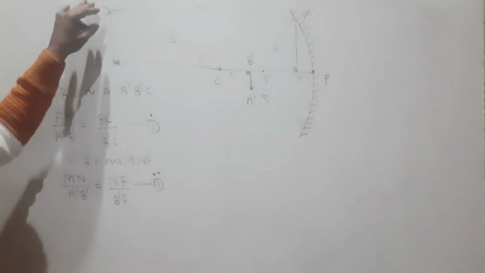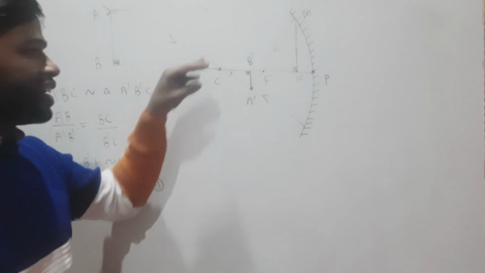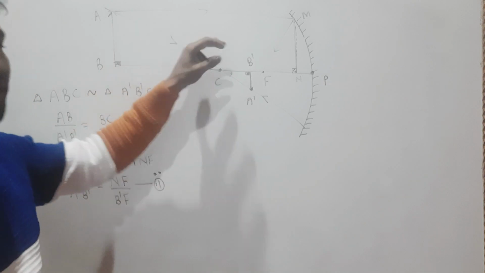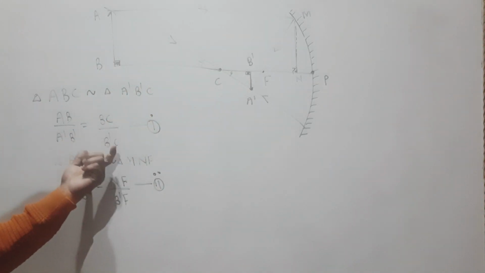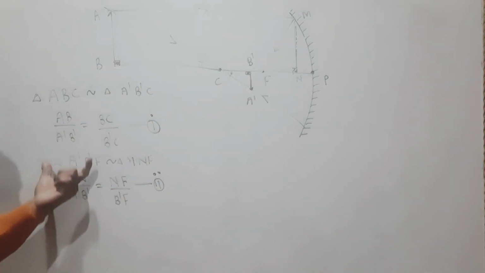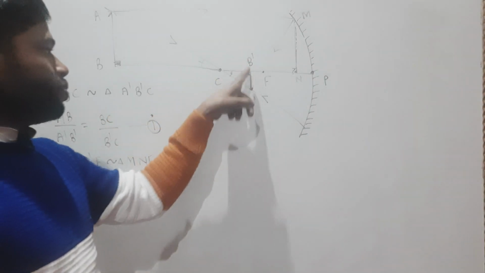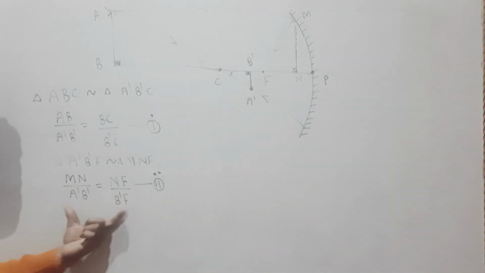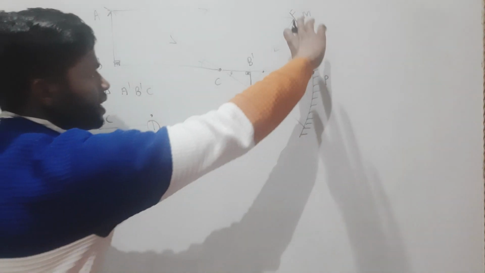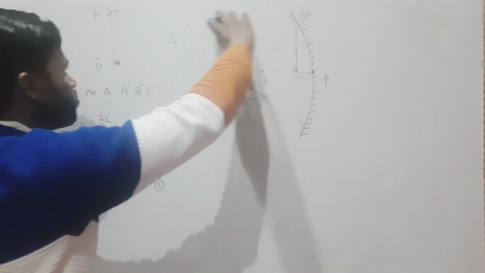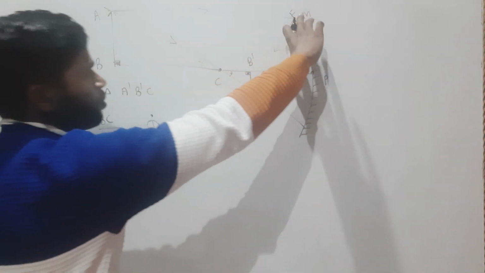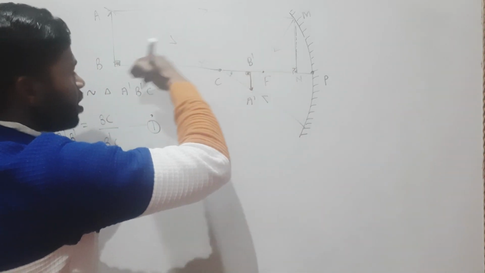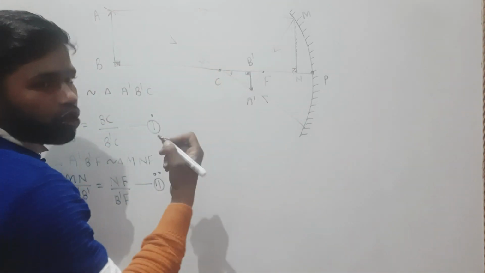Again, you can see this is the first triangle, this is the second triangle, this is 90, this is 90, so we can take the ratio of these sides. Consider MN is equal to AB, because both are parallel: the principal axis and line AM are parallel.